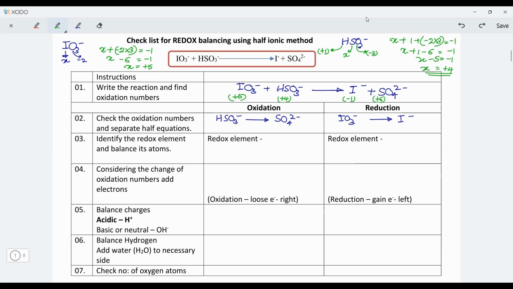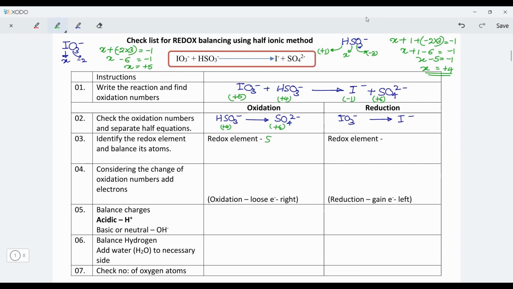Don't bother about that one. Let's take oxygen. It is minus 2 here. Here also it is minus 2 because its oxidation number normally does not change. But if you consider sulfur, the oxidation number is changing from plus 4 to plus 6. That means the redox element of this oxidation half is sulfur.